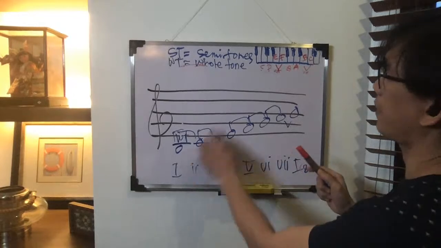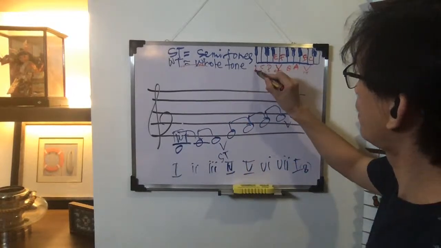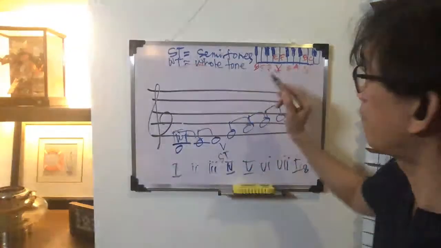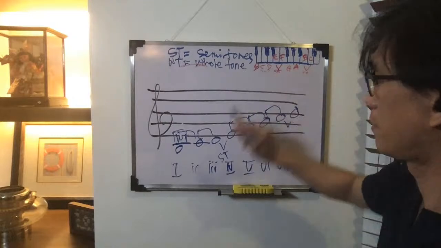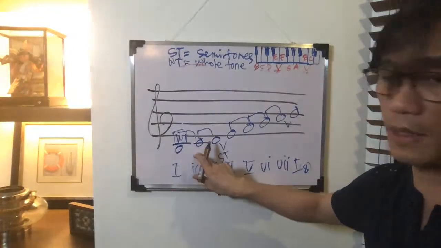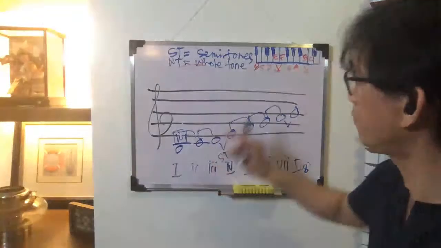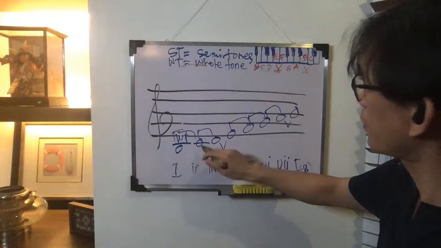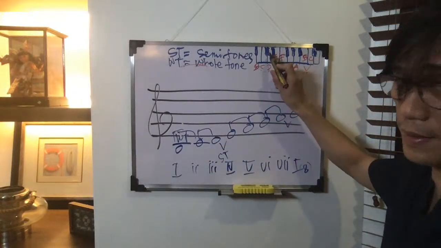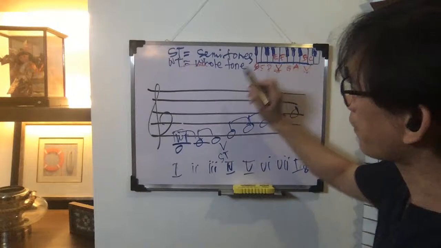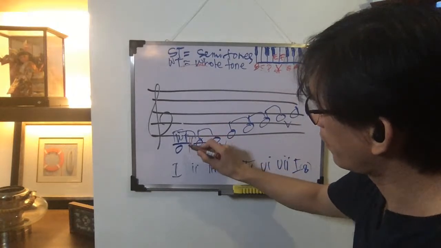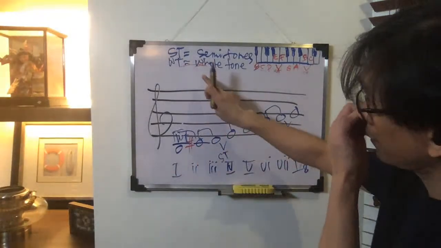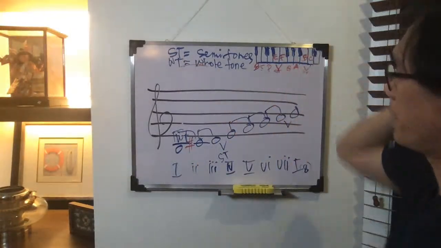But for this case, B is here, and right beside it, the neighbor tone is already C. So we have to do something because B to C is only a semitone. So we need the C to go up to the next key, which is a black key. Therefore, we will add here a sharp. So B to C sharp now becomes a whole tone interval.